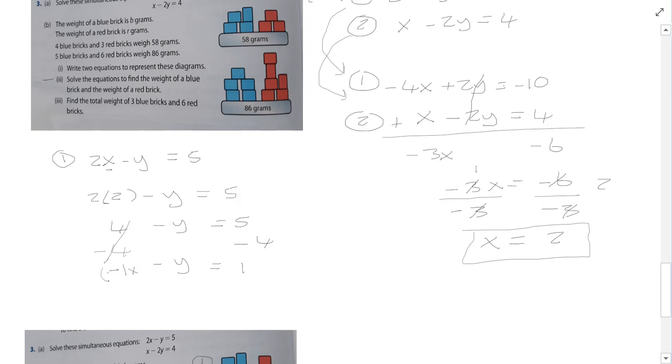Minus 1 multiplied by minus y leaves you with y, and minus 1 multiplied by plus 1 is equal to minus 1. So there are your answers, the first part of the question: x is equal to 2 and y is equal to minus 1.